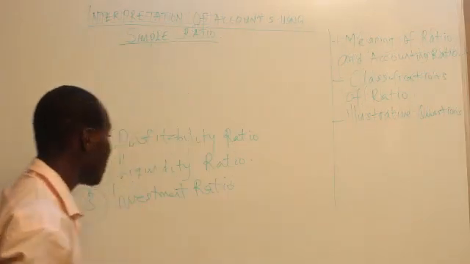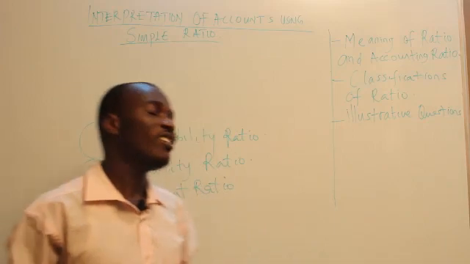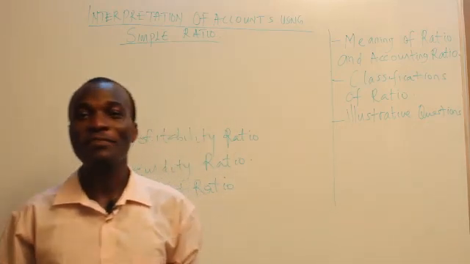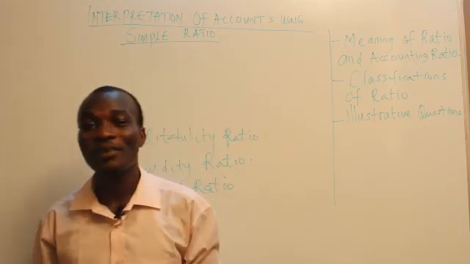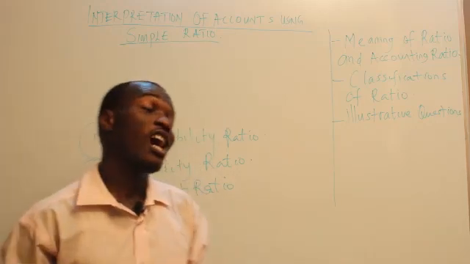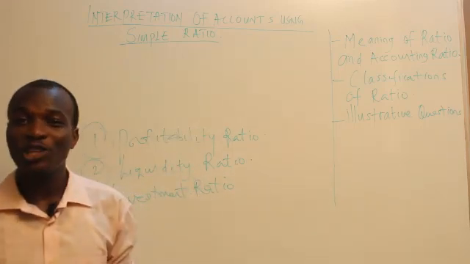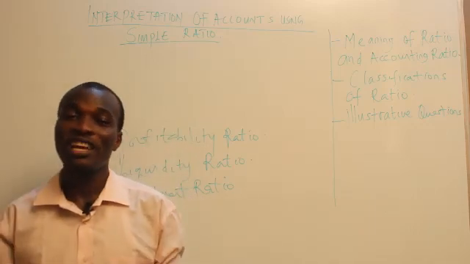So we can then have the investment ratio. This type of ratio is an interesting one, and is usually used by the investors. It is usually used by the investor to analyze the financial statement of a particular period, and it enables the investors to make decision whether to invest in an organization or whether not to invest in an organization.